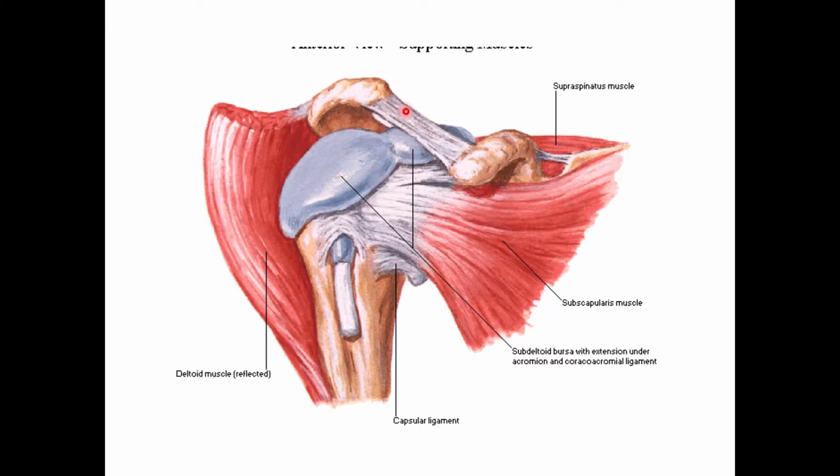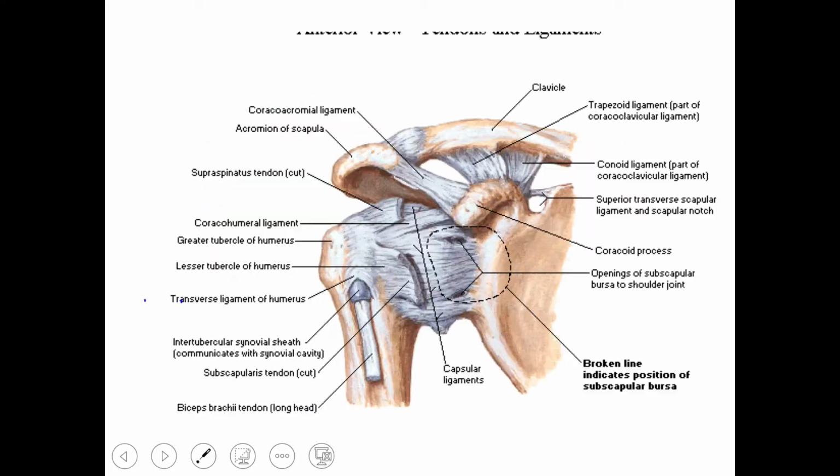So this is the coracoacromial arch, the subacromial or the subdeltoid bursa. Here is the intertubercular sulcus, the biceps tendon, the long head. All these make up the structures lying beneath the deltoid muscle.